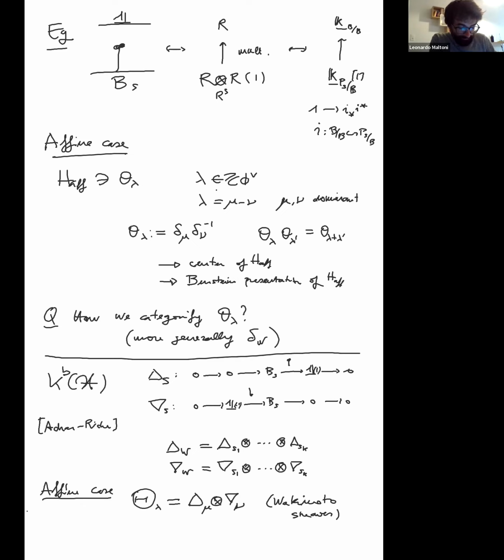And so delta W corresponds to little delta W, and big theta lambda corresponds to little theta lambda. So these objects actually categorify, in this triangulated version of the Hecke category, our lattice inside the Hecke algebra.